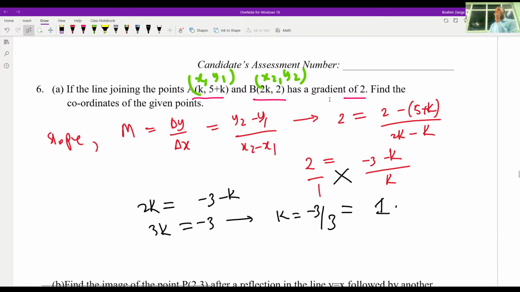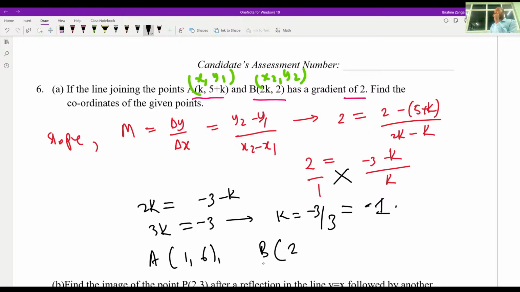Now we are looking for the coordinates of the given points. So point A basically will be k comma 5 plus k. An apology here, the negative.